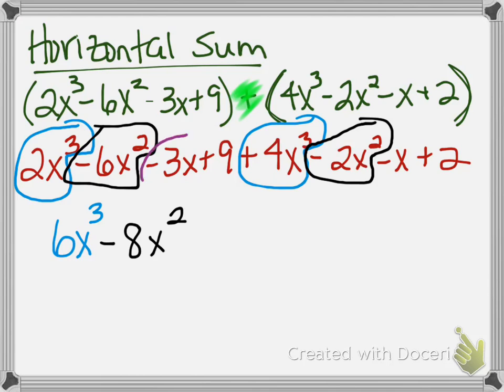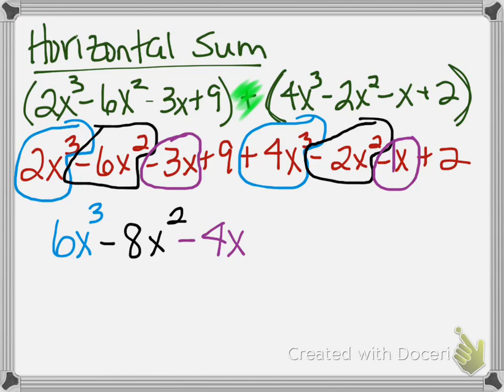I have a negative 3x and a negative x. And remember, this has a 1 in front of it. So negative 3x plus negative 1x gives me a negative 4x. And I just realized that I copied the problem wrong, so let me go back.